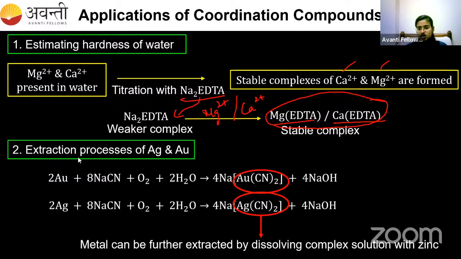This is a coordination complex, right? This coordination complex can be further treated with zinc, and the pure silver and gold metal can be extracted. So to get pure silver and gold, we do some reactions, and in one of the reactions, the coordination complexes form.